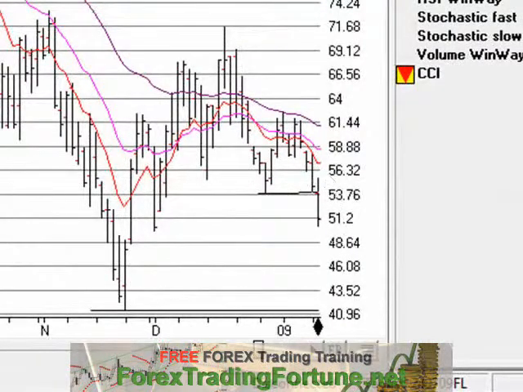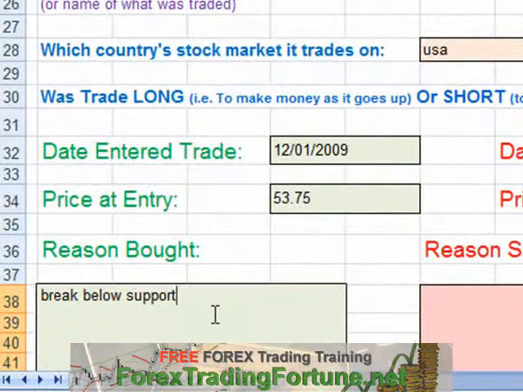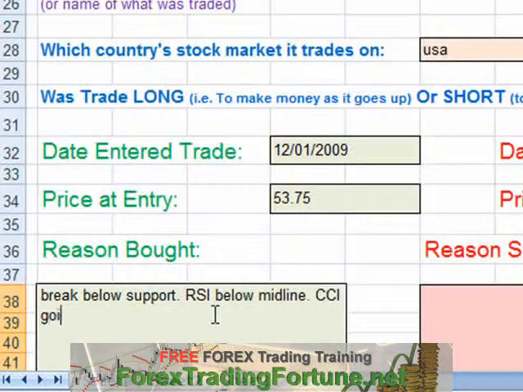So our reasons are it's a break below support. Support level was here. That's where you'd expect it to bounce back up if it was going to. If it breaks below there, it's broken below support.